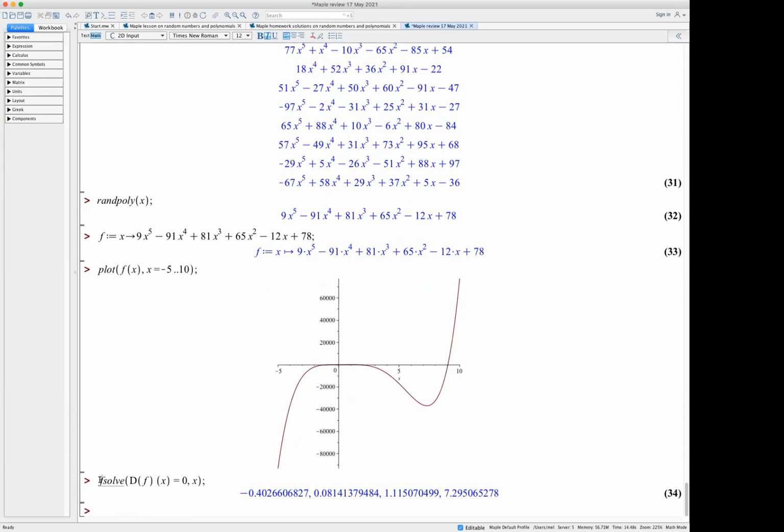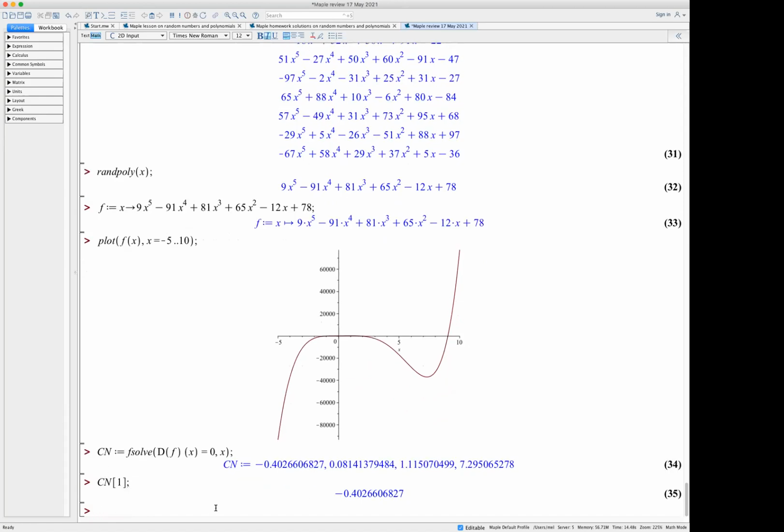So these are the critical numbers. I'll call them Cn for critical number. So for example, Cn1 is the first, and this would be Cn2, Cn3, and Cn4, and so forth. And we want to know which of these is a relative maximum and which is a relative minimum.